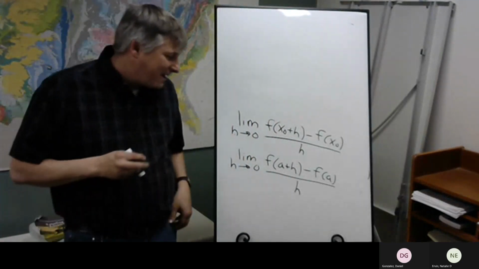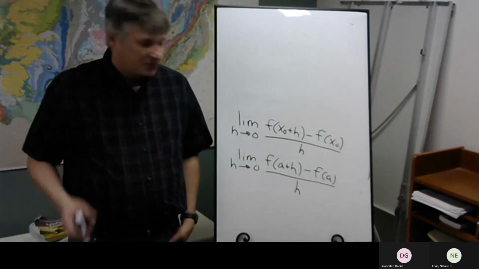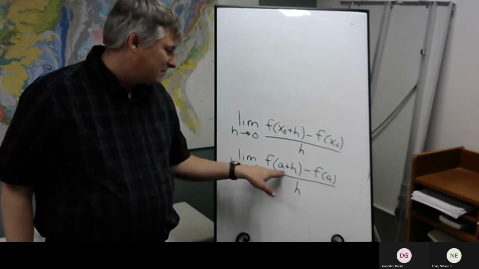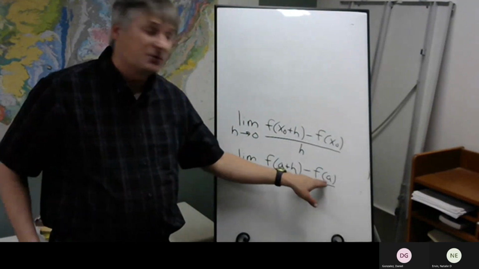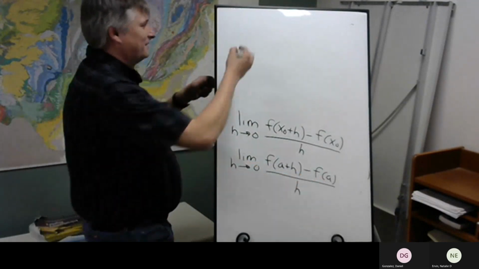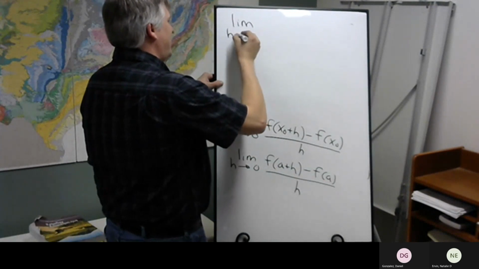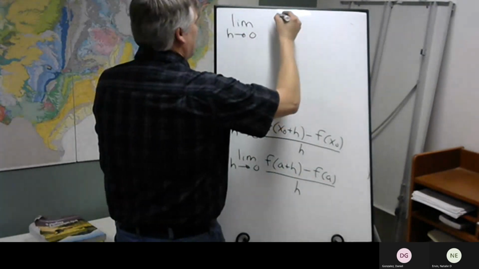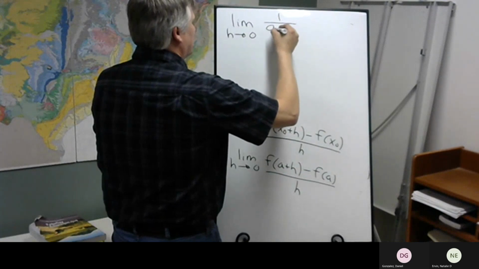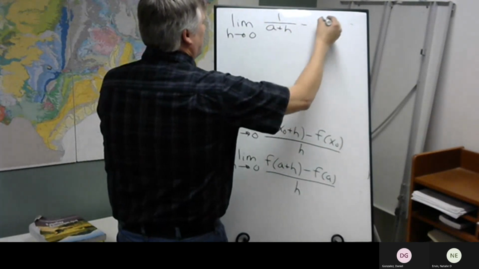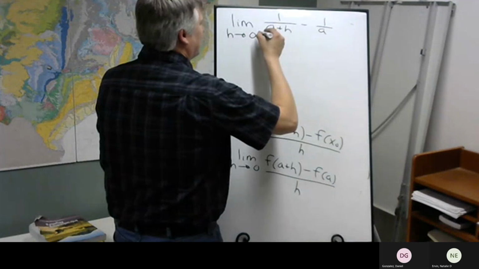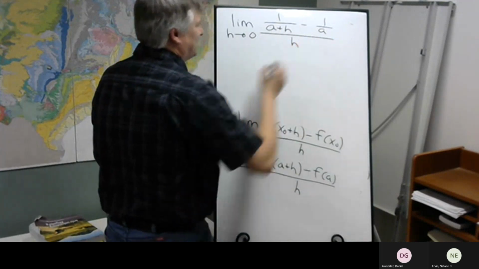So we know what f is. F is 1 over x. So in this case, this will be our x, and this will be our x. So the limit as h goes to 0, 1 over a plus h minus 1 over a divided by h.